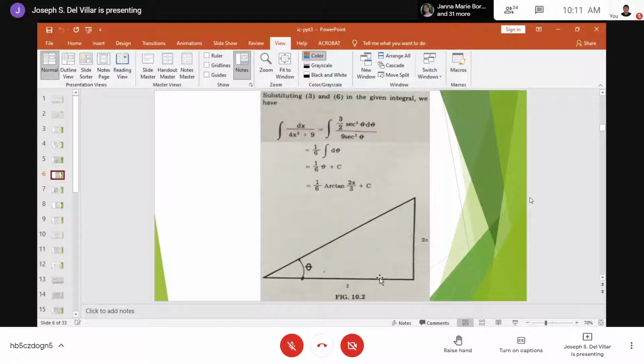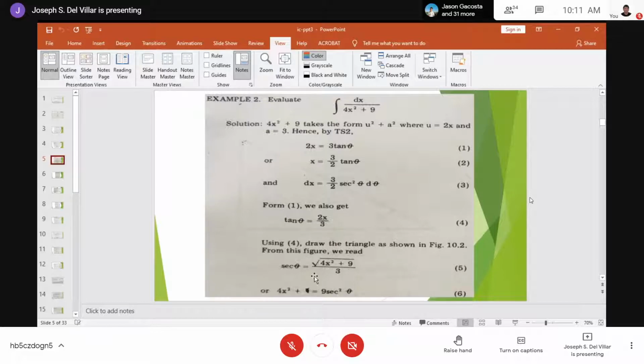Okay? So, instead of cosine, we can make use of the secant being the inverse of cosine. Di ba secant is 1 over cosine? Okay? Secant is 1 over cosine. So therefore, solving for secant, so you just get the reciprocal kasi ang secant is reciprocal ng cosine.